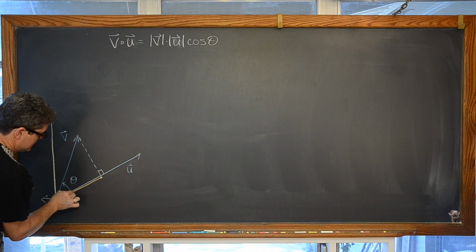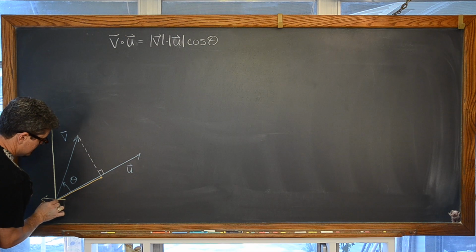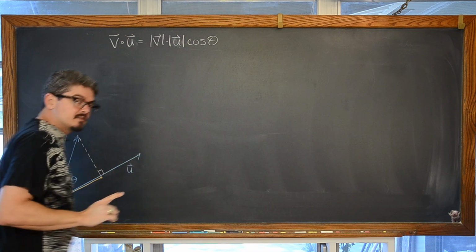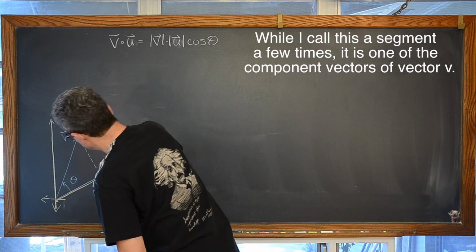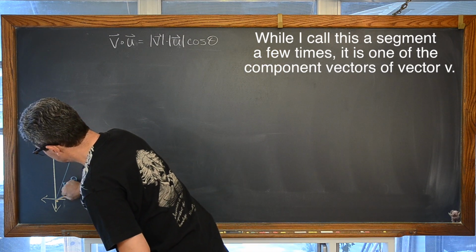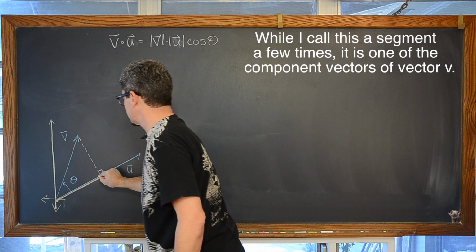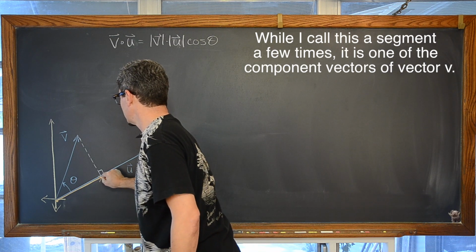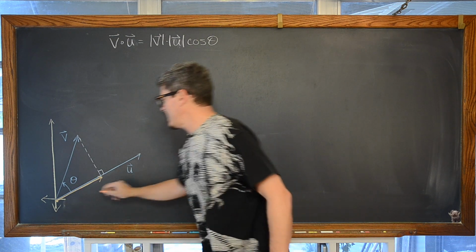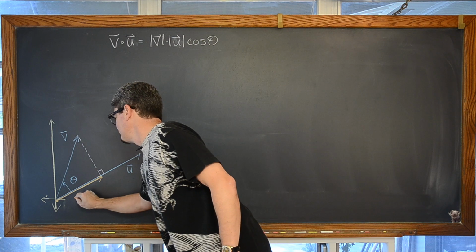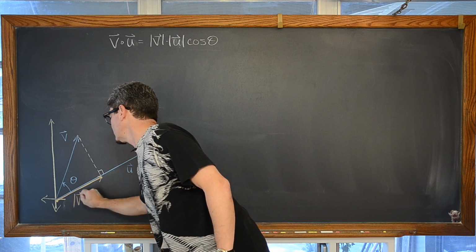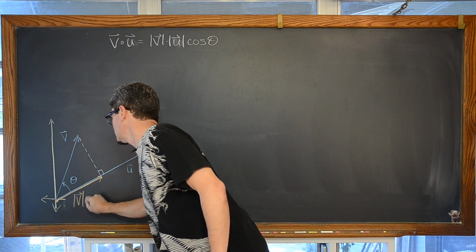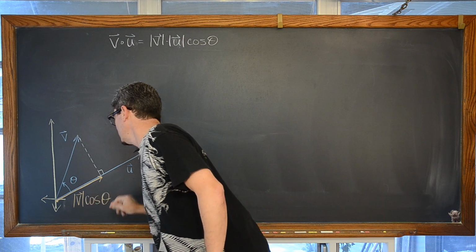This is not supposed to be an arbitrary second line segment, but just a section set off here, going in this direction, and it'll be labeled as the magnitude of vector v times the cosine of theta.